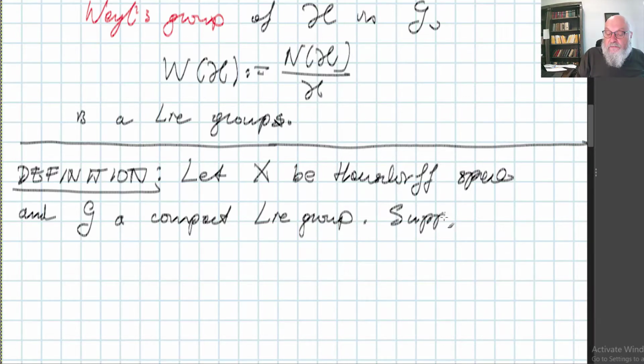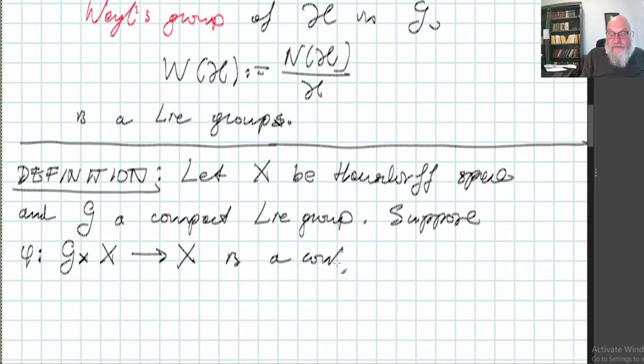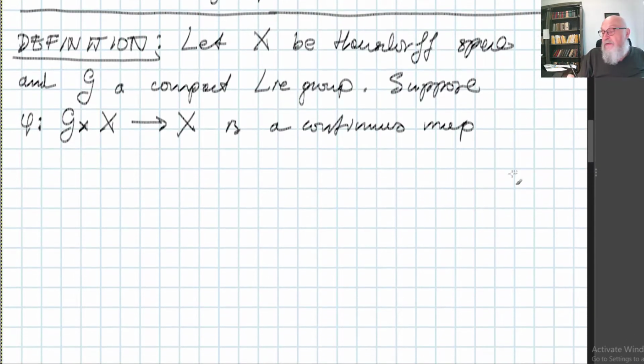So suppose phi, so action means I have such a map. The action must be continuous, suppose phi is a continuous map. And of course it is supposed to be an action such that we have the following.